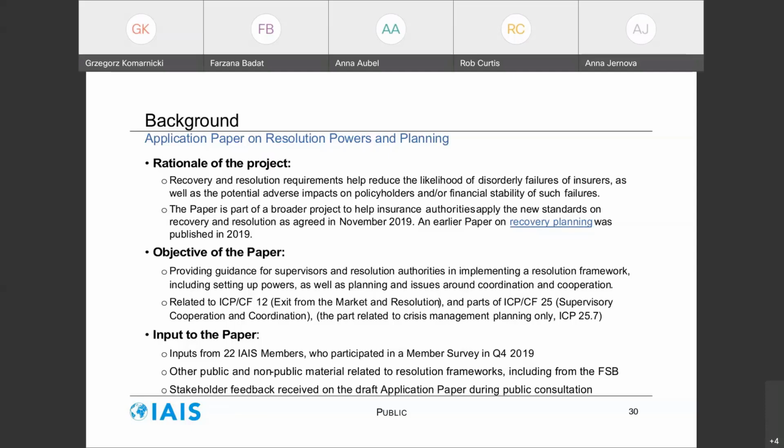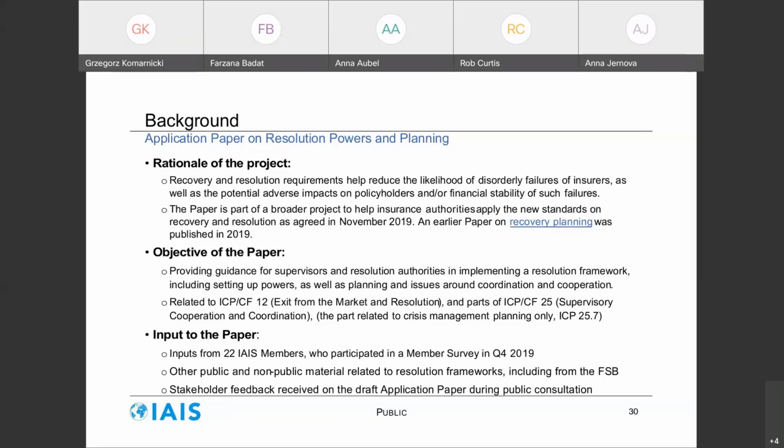There was also a bit of ICP and ComFrame 25 on supervisory cooperation and coordination included. But the bulk of the paper addresses ICP and ComFrame 12.